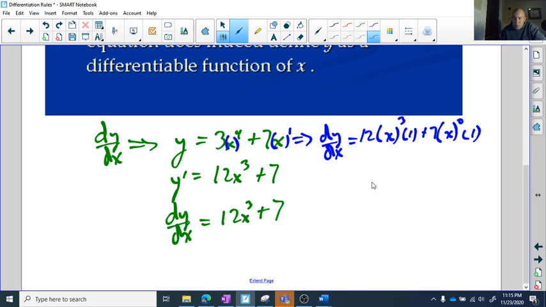Well, what's going to be different now is these might not be x's. They might be the variable y. So for example, if I have x cubed plus y to the fourth equals 7y to the sixth plus 8x cubed, implicit differentiation is going to get us to go left or right, just both sides of the equation.